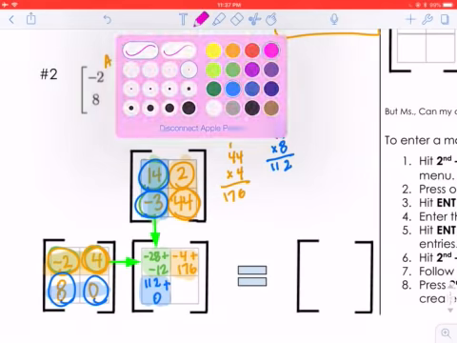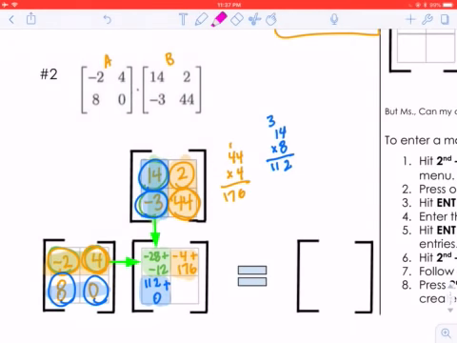And then finally, my last bucket here, I would have my last ones with my last ones. So I'll do 2 times 8, which is 16, plus 44 times 0, which is just 0.